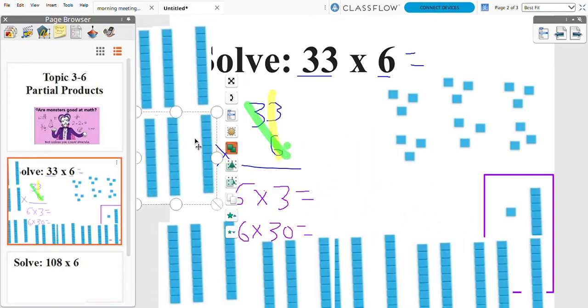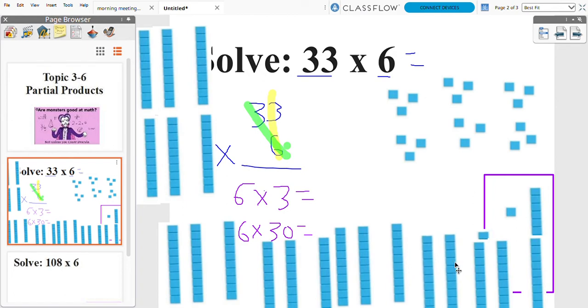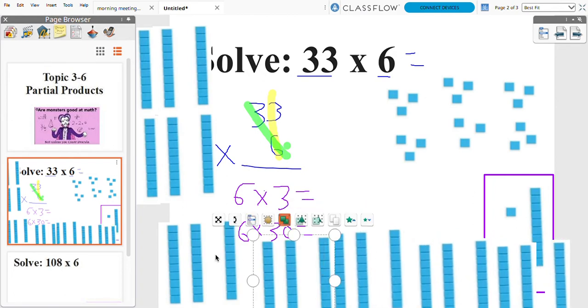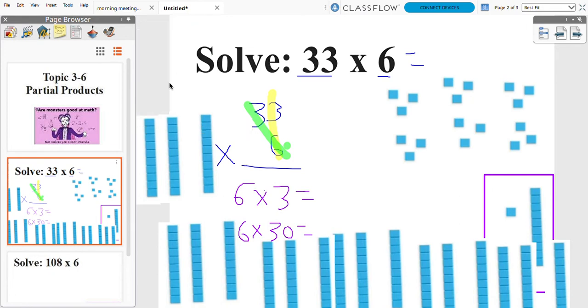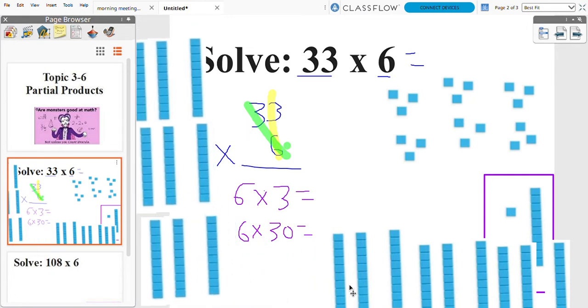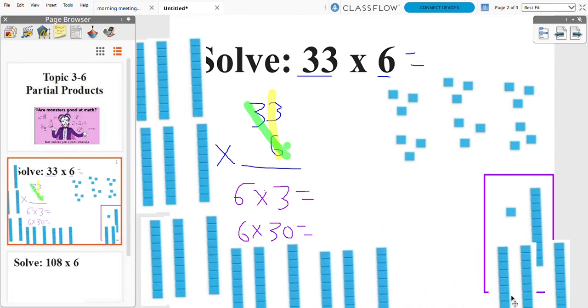A lot of room here, huh? We have 6 groups. 1, 2, 3, 4, 5, 6, 7. That's 7, Mr. Hoffman. 1, 2, 3, 4, 5, 6.